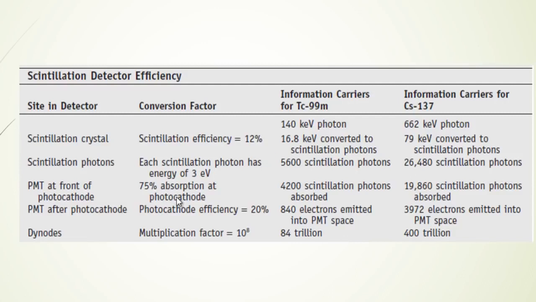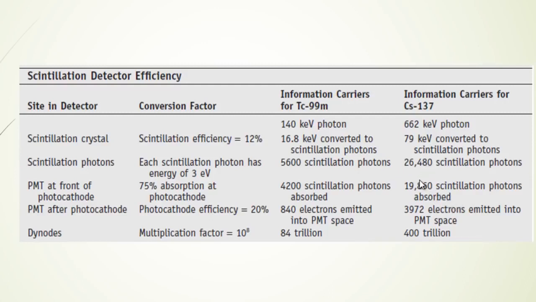Now another problem here is that the photocathode does not have a 100% absorption rate. So let's say it has an absorption rate of 75%, then only 19,860 scintillation photons will be absorbed by the photocathode.